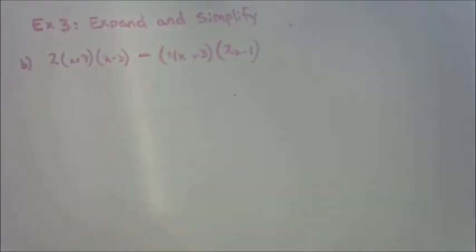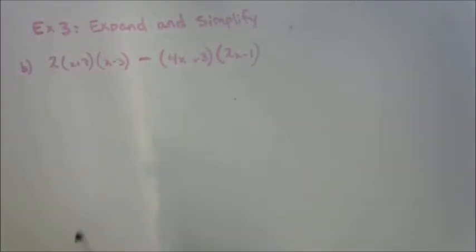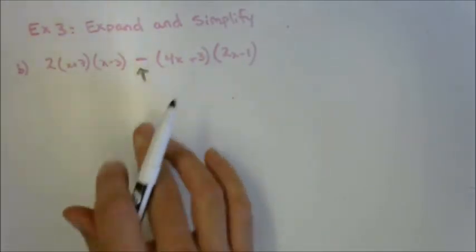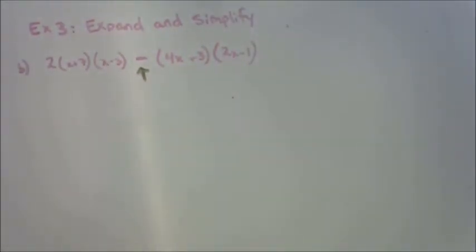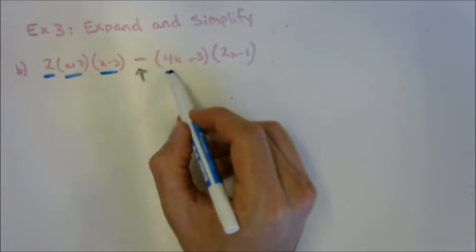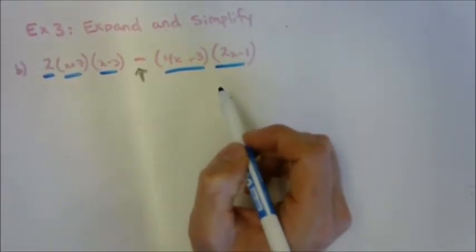And right away you'll notice that this subtraction sign splits up the whole thing. So I'm not going to deal with these things together until the very end. Right now I'm going to deal with the product on the left, which has 3 factors, and then I'm going to deal with the product on the right, which has 2 factors.